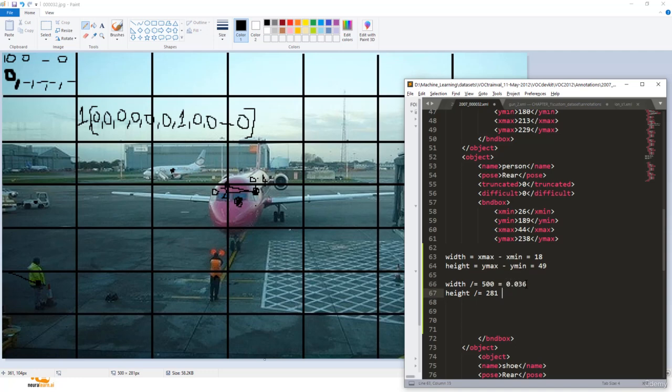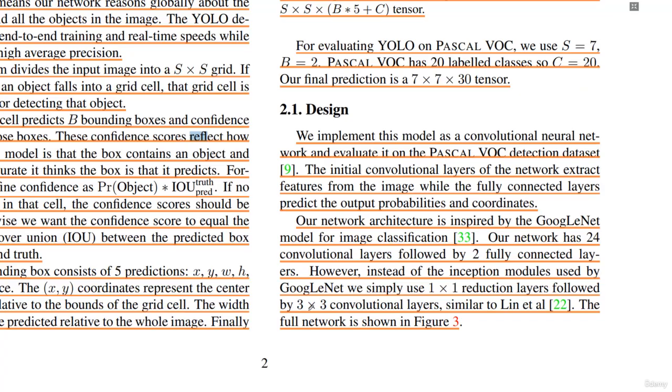And then for the height, we have 49 divided by 281, which gives us 0.17. So we see that basically what we're doing is normalizing or standardizing all these bounding box values.